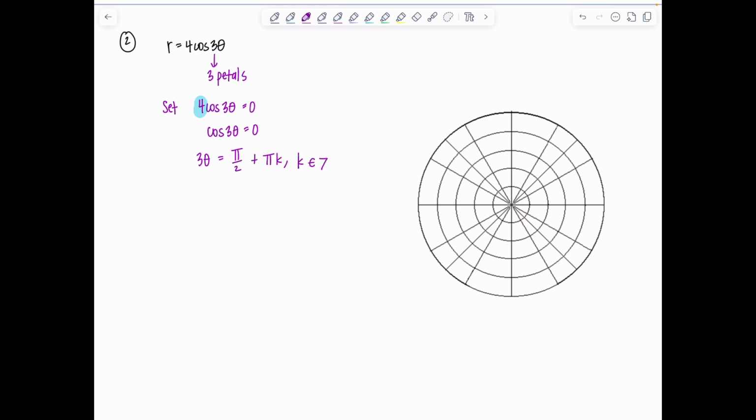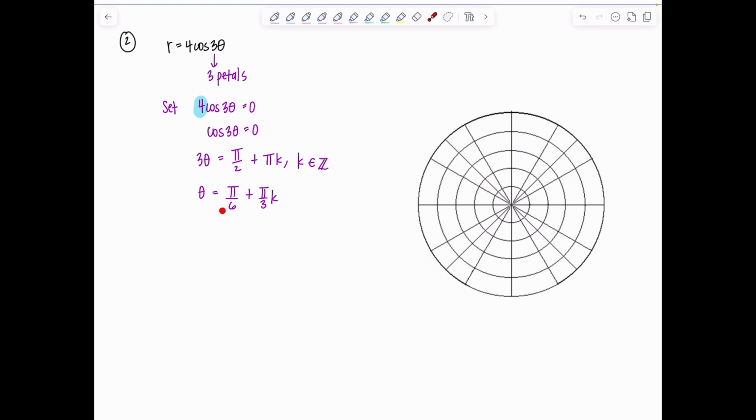I'm going to use the abbreviation, get you guys used to it. And in this case, remember, we're looking for theta, not 3 theta. So that means if I divide everybody by 3, this is pi over 6 plus pi over 3 k. Okay, so at 0, we're not going to have r equaling 0.